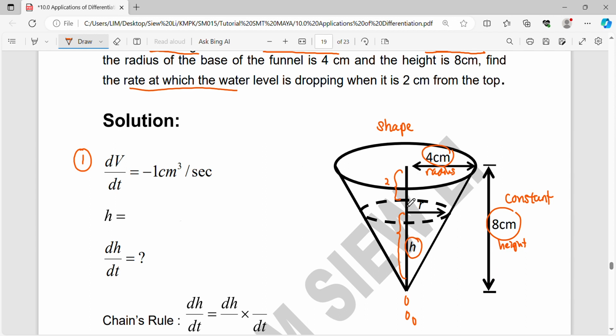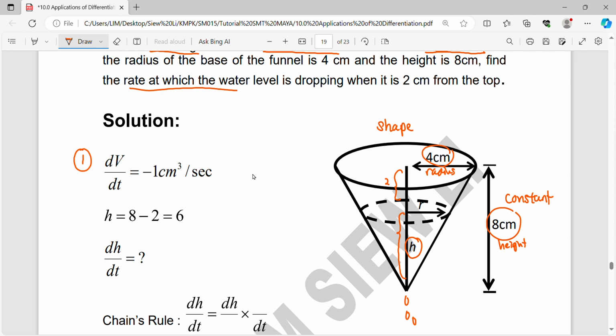When you're dropping until 2, you want to see what's the rate of change here. So when you're dropping 2, your height here is remaining 6. So we want to find the rate of change at H equals 6. Then the question asks the rate at which water level is dropping. So your question is asking dH/dt.